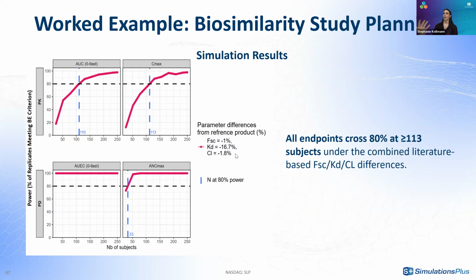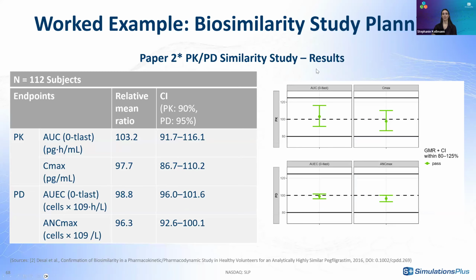So these are the results of our simulations based on our workflow and the model that we have used. In the second paper, the crossover PKPD similarity study was successful with 56 subjects per sequence group, so 112 subjects, meeting bioequivalence for the same endpoints.